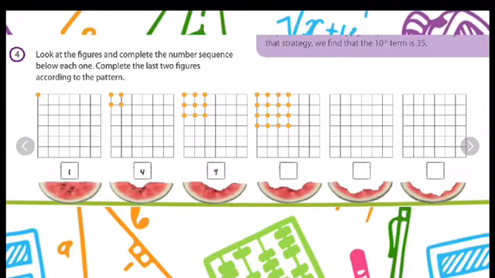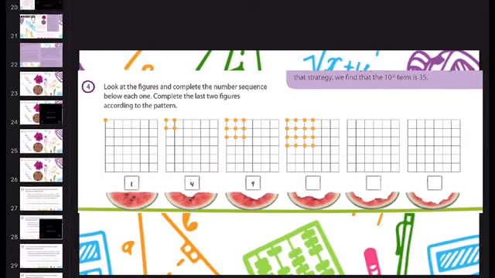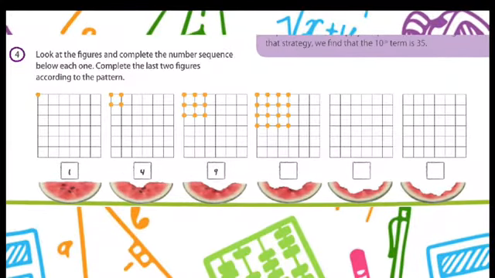Okay, so now let's continue on exercise number 4. It says, look at the figures and complete the number sequence below each one. Complete the last figures according to the pattern. So over here, you have to take a look at each number sequence and look at the figures.